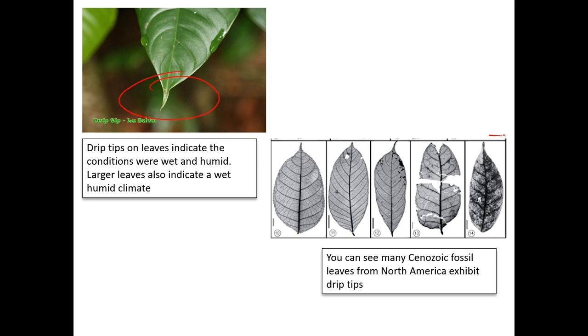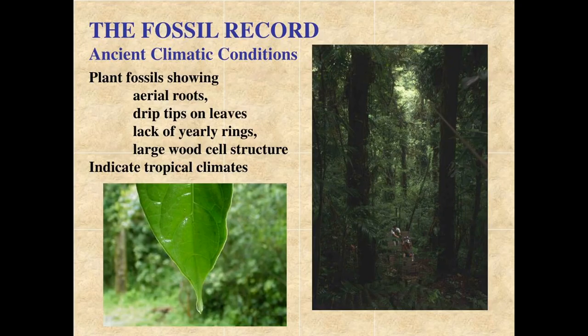So we can look at fossil leaves all through the Cenozoic, and we can get an idea about how temperatures and humidity levels changed from the morphology of these leaf fossils. Other things that give us hints about plant morphology: aerial roots. We already talked about drip tips. The lack of yearly rings, right? You only get rings in the wood if there's seasonal variation in temperatures.